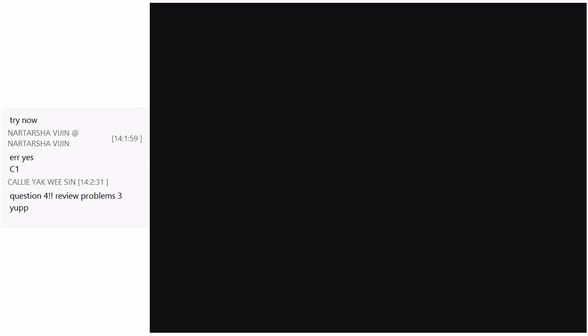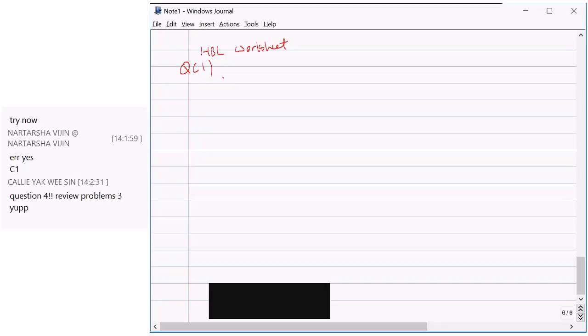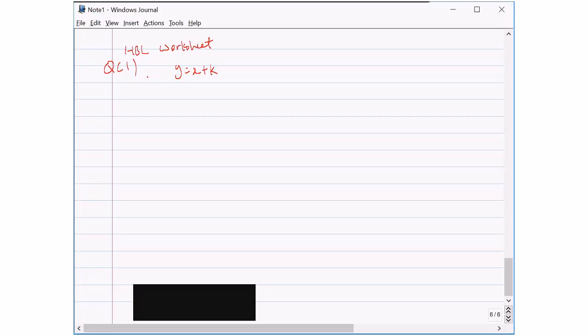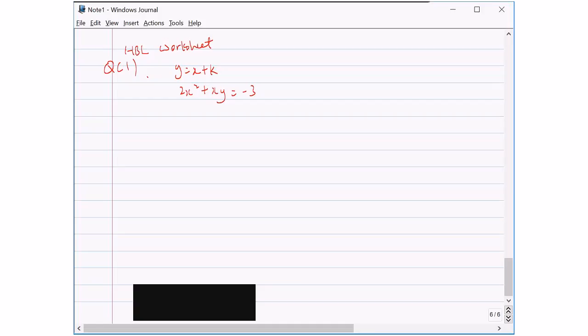Okay, C1 first, y equals x plus k, 2x squared plus xy equals minus 3. Tangent to each other.